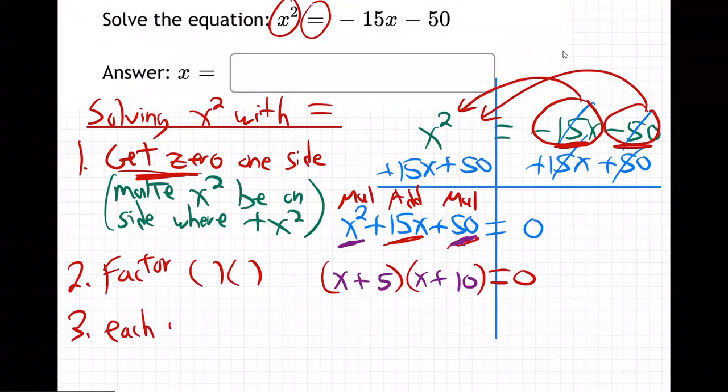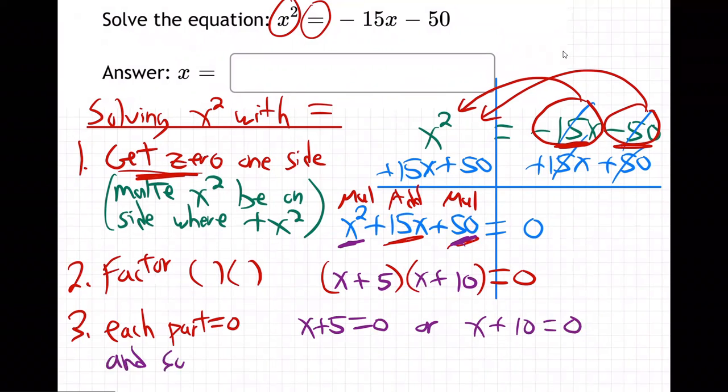Now each part equals 0. So I'm going to set each part to 0. I take that first part, x plus 5 equals 0, and that second part, x plus 10 equals 0. Each part equal to 0, and solve.